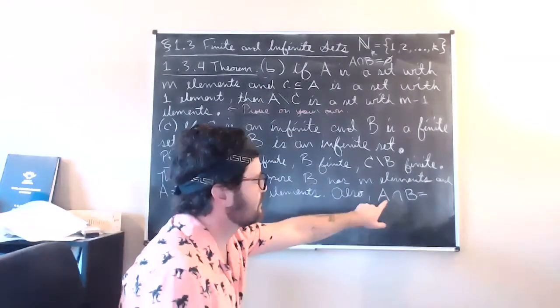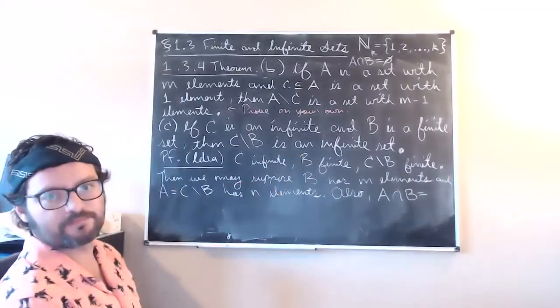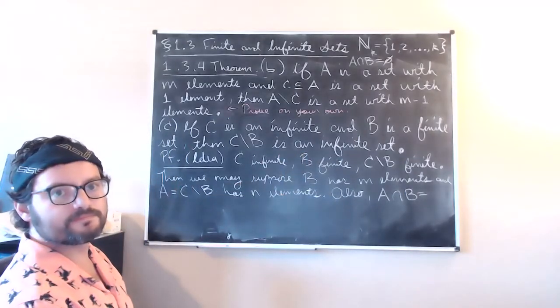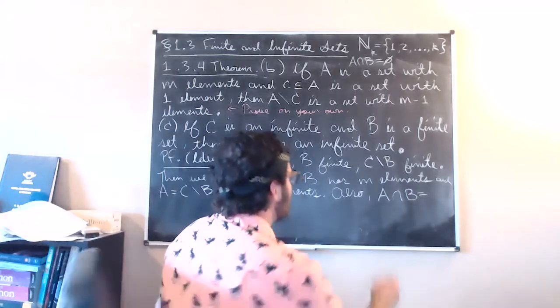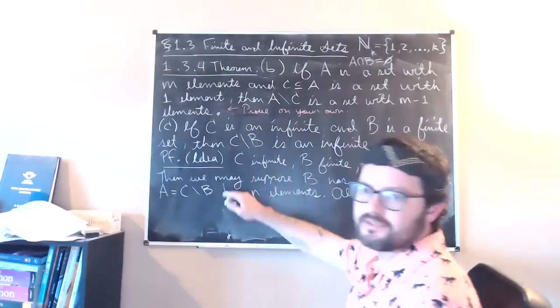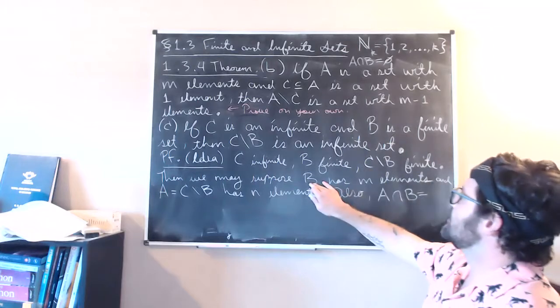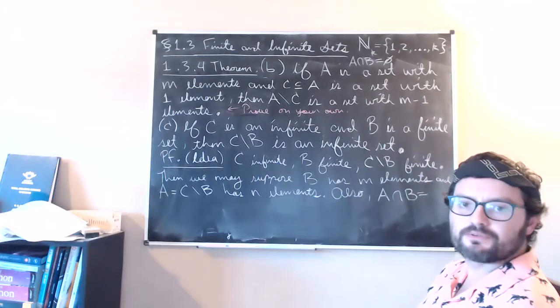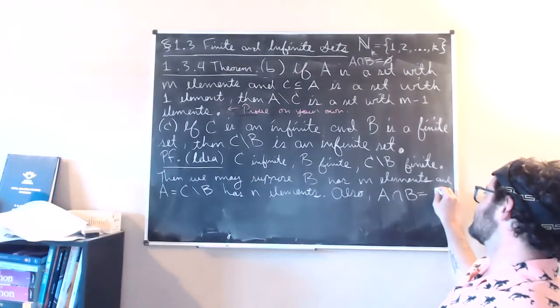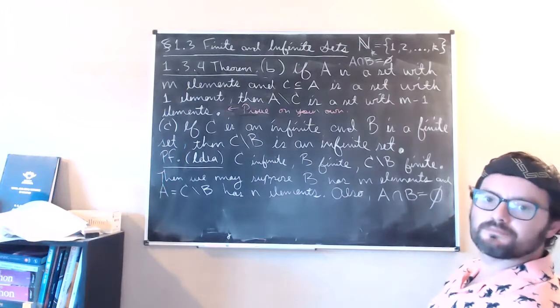So what do we know about the intersection of these sets here? Their union is C. This union B is equal to C, but their intersection is empty. Right?